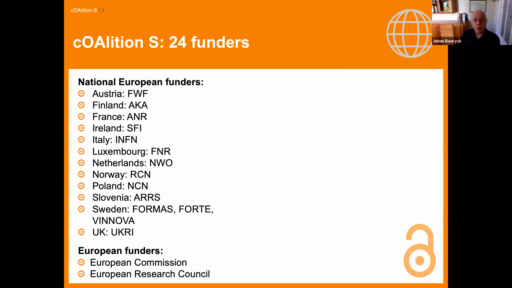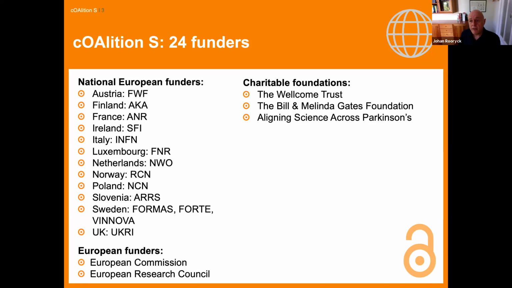But there is also a more international dimension to Coalition S. We also have charitable foundations on board. Most importantly, the Wellcome Trust and the Bill & Melinda Gates Foundation have joined us, and also Aligning Science Across Parkinson's, which is Sergey Brin's foundation from Google to do research into Parkinson's.